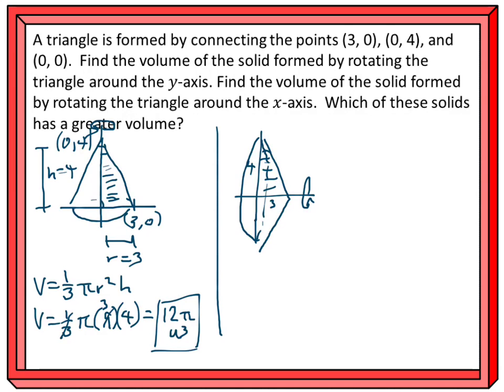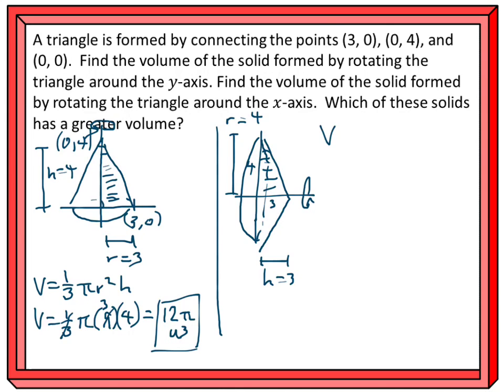If you can picture that one. So this time down here, that 3 is not the radius anymore, that's our height. And over here, our radius equals 4. So perhaps you can see that just switching those two numbers, is it going to make a difference?